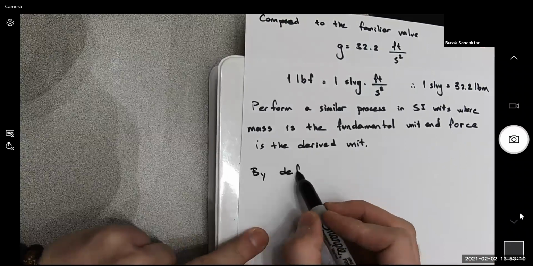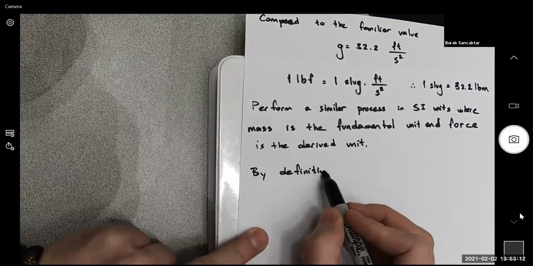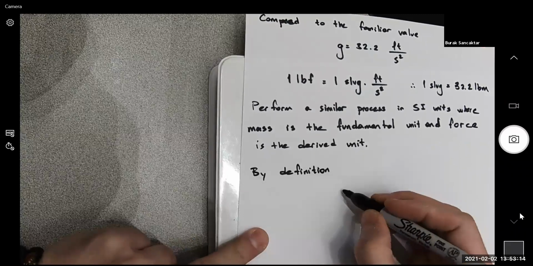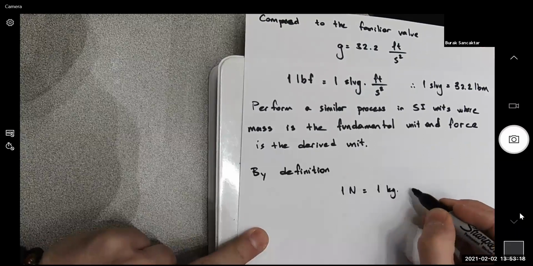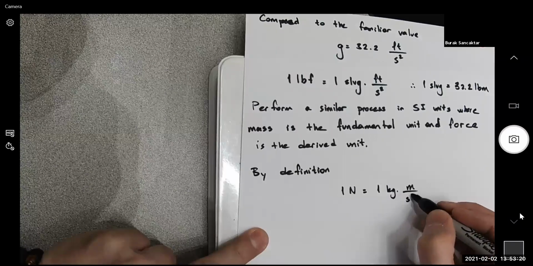By definition, 1 Newton equals 1 kilogram meter per second squared.